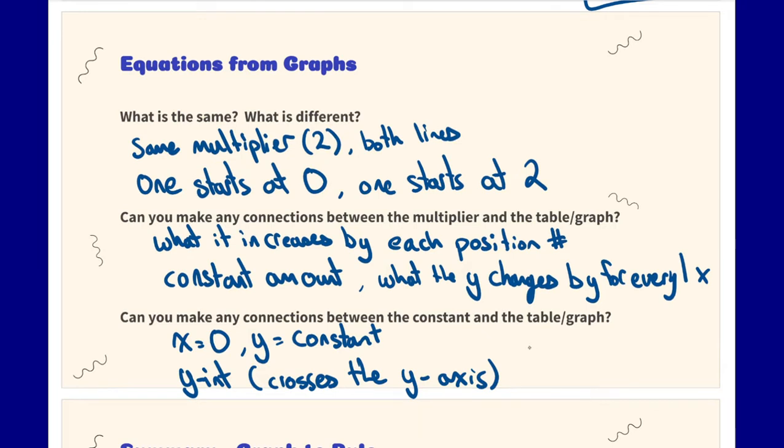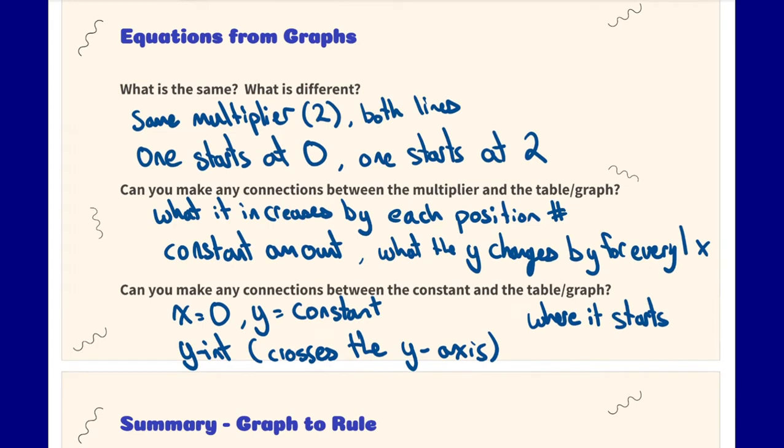Could also say where it starts. Again, that might vary depending on how we see our graph, but the main things, again, we see the connection between when x is 0, y is the constant. It's the y-intercept at where it crosses or touches the y-axis.